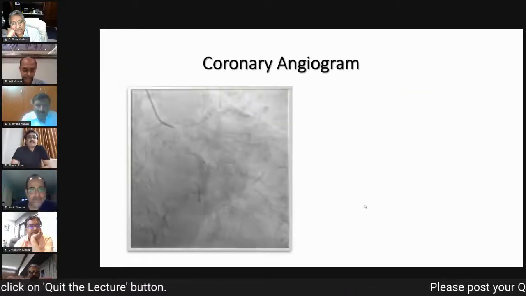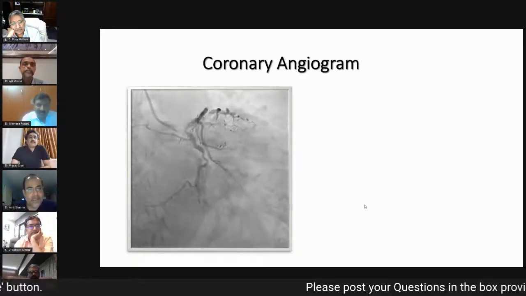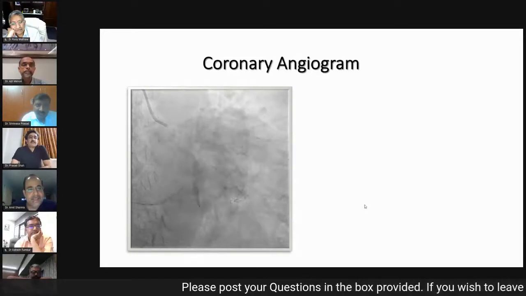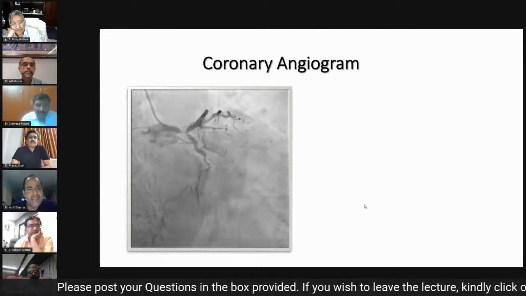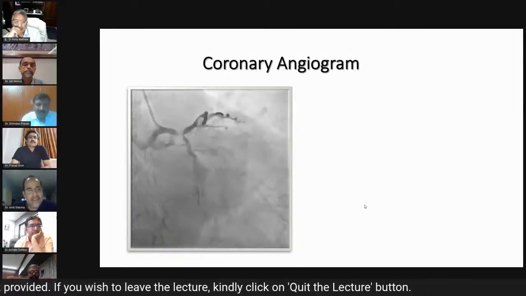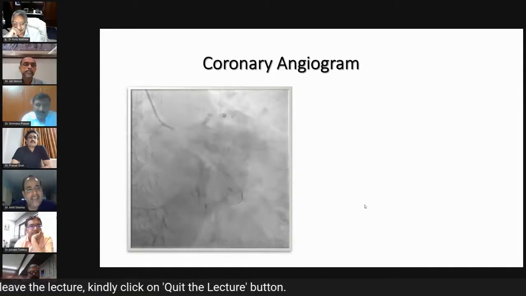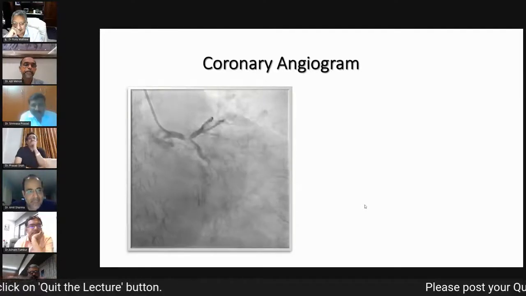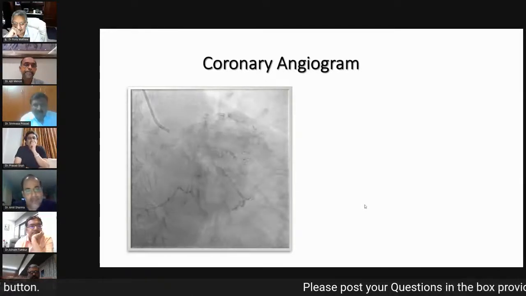And this was the angiogram that we took. As you can see, it's a distal left main bifurcation lesion, almost like a Medina 1-1-1. Distal left main is critically narrowed, ostial LAD, ostial circumflex.